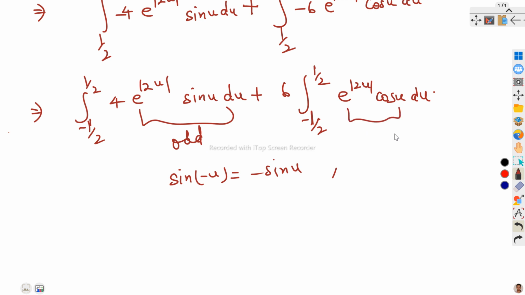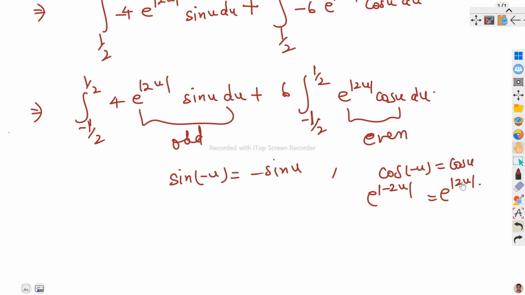And this is an even function, since cos of minus u equals cos u, and e raised to power mod of minus 2u equals e raised to power mod of 2u, these quantities are equal. So the product of even functions is even, and the product of even and odd function is odd.